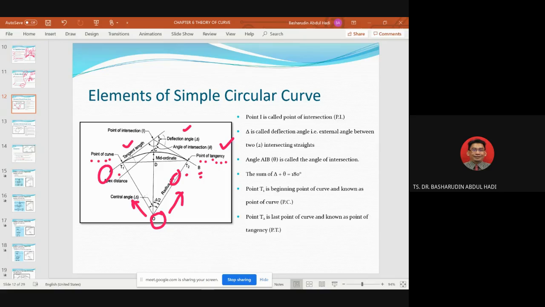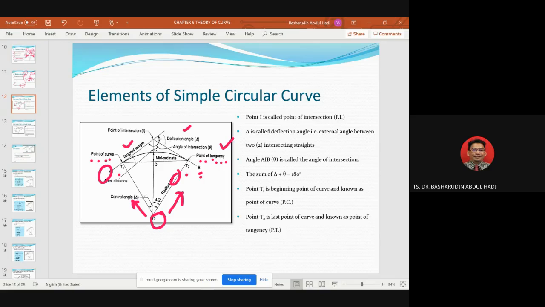Sometimes the radius is 300 meters, 900 meters, 1200 meters. The bigger your curvature, the shorter the radius becomes, so your road has high acceleration. Okay, right. So here you must understand the tangent length.